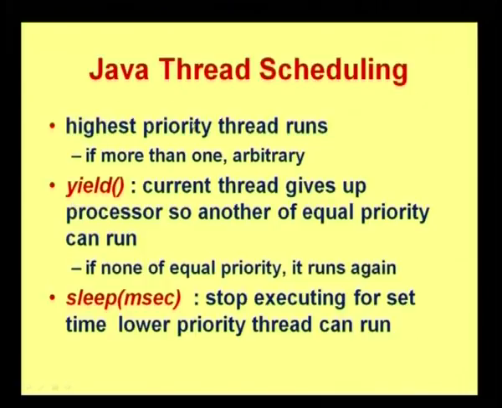The highest priority thread runs if more than one thread is waiting, arbitrarily. It means your highest priority thread is given the chance when there are many threads. Next is the yield method. With yield, the current thread gives up the processor so any other thread of equal priority can run. If there is none of equal priority, it runs again. The yield method yields a chance to all the other threads which have the same priority level.